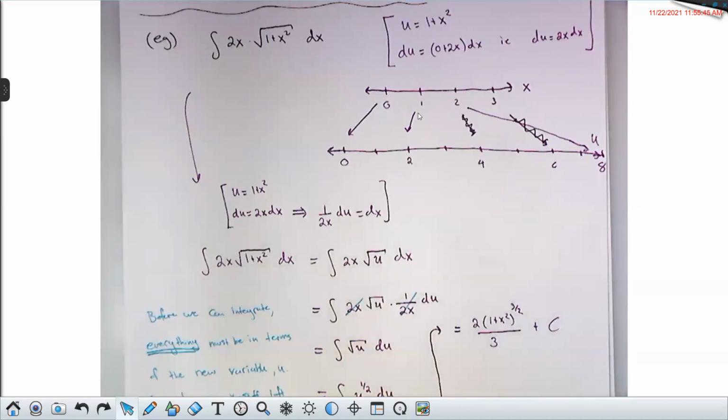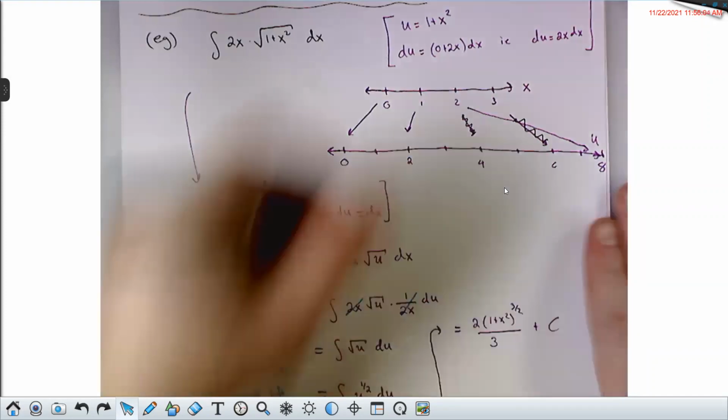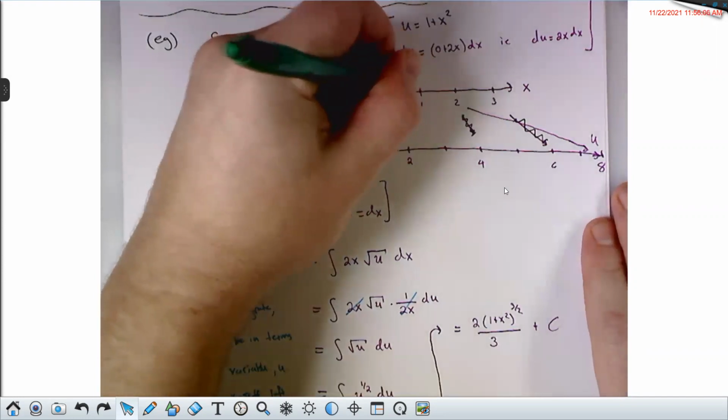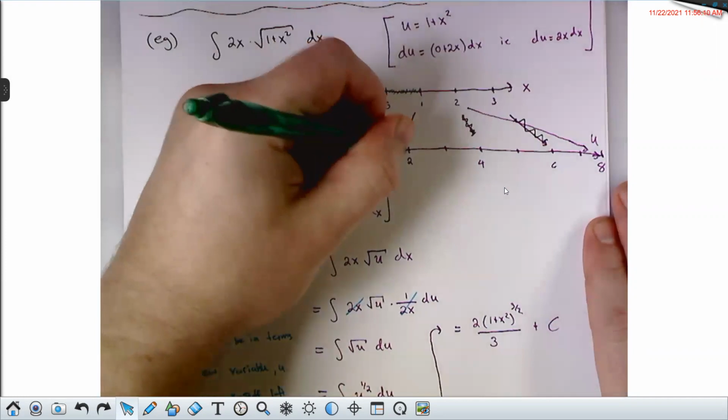So this is what I mean when I say it stretches different parts of the line different amounts. The interval 0, 1 gets stretched to the interval 0, 2. The interval 1, 2 gets stretched to the interval 2 to 8. So sort of alternate colors here. This piece, the 0 to 1 piece gets stretched to the 0 to 2 piece.